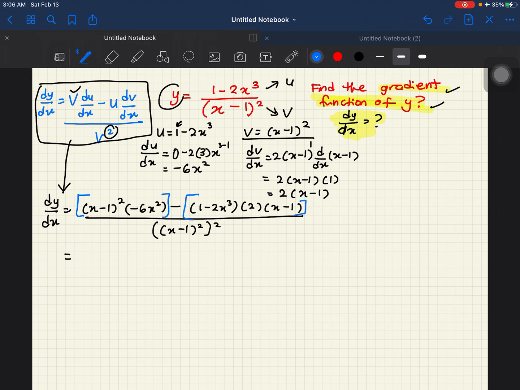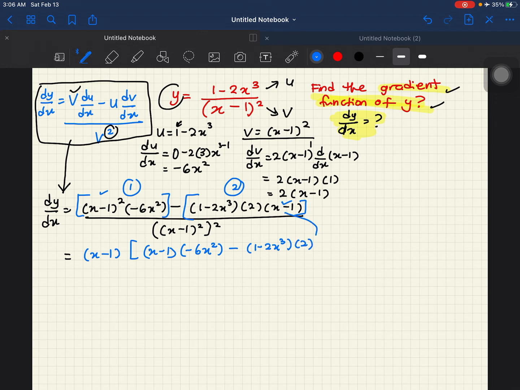What do you see? What is the similarity? So it is x minus 1, right? So I take out my x minus 1, or I factorize it. So apa yang tinggal untuk the first group, this is your second group, is x minus 1 sahaja yang tinggal. Then multiply it with negative 6x square, minus it with 1 minus 2x cube, multiply it with 2.